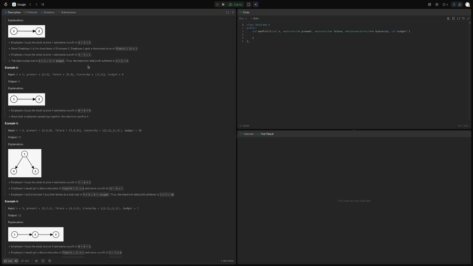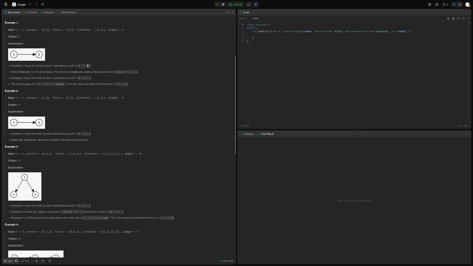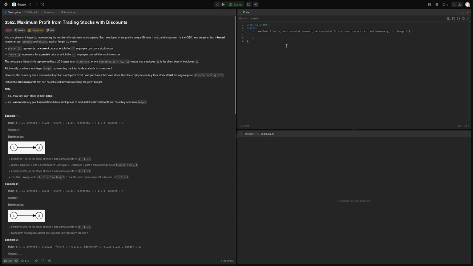Okay, so I'm immediately thinking of brute force. It would be just, let's say I'm here and I have an option: I buy or I don't buy. If I don't buy, then I just get the answer for here.